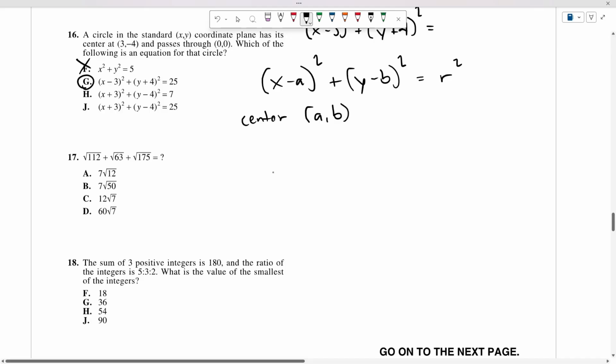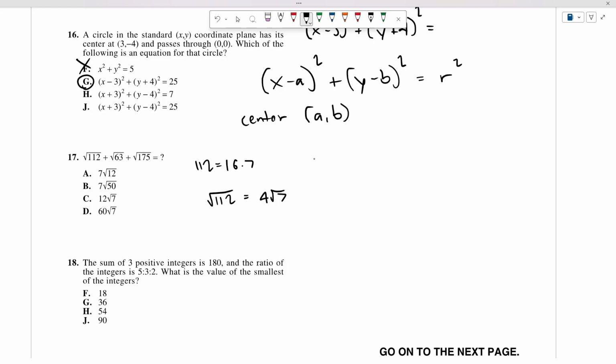Number 17, you can factor out perfect squares, which I'll do real quick in case you know how to do this one. Square root of 112 is 16 times 7. Square root of 112 is going to be 4 times square root of 7, okay? 63 is 9 times 7.